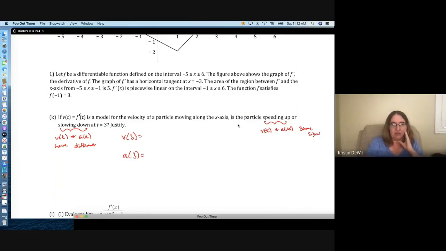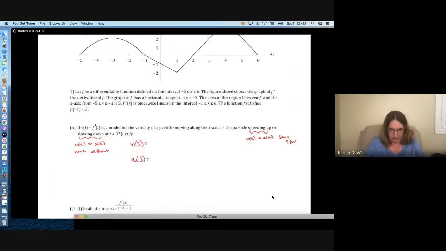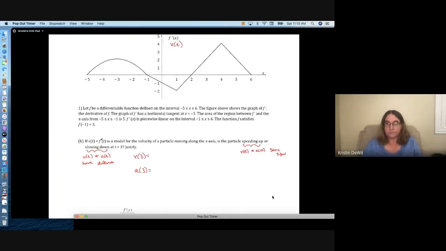Take a moment and see if you can figure that out. All right, type in the chat what you're getting for v of 3. V of 3 equals what?